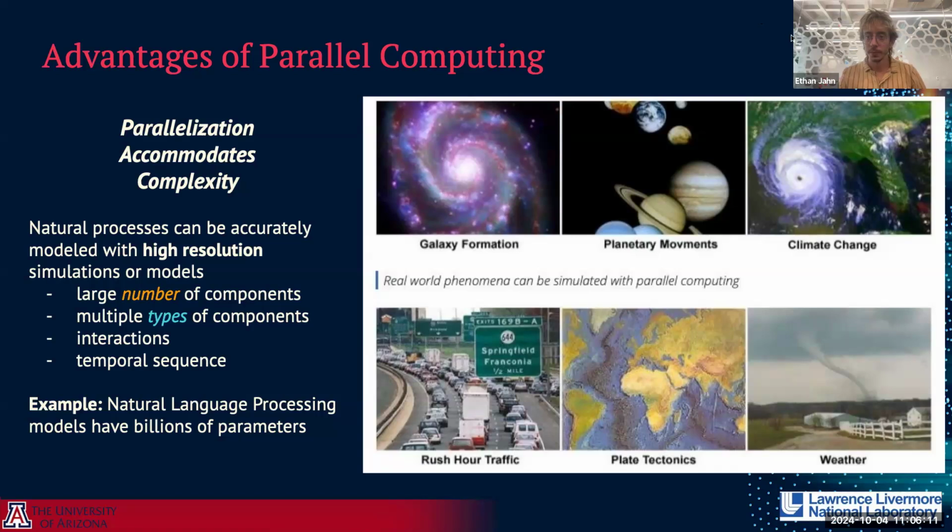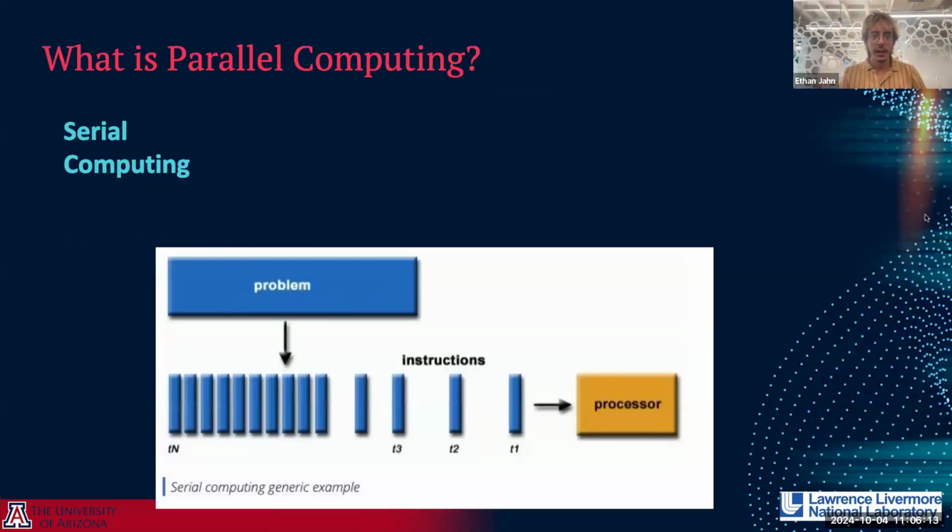So what exactly is parallel computing? Well, in order to answer that question, we first have to answer what is serial computing. So in a single processor computer, typically what happens is a problem is broken down into a sequence of instructions, and that sequence of instructions is fed into the processor sequentially, one at a time in the order that they have been divided into.